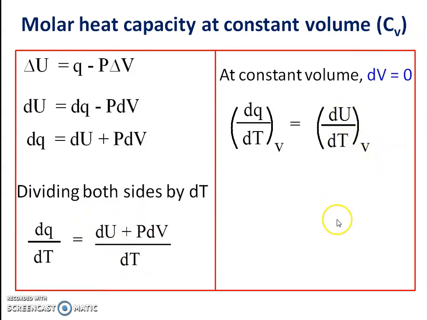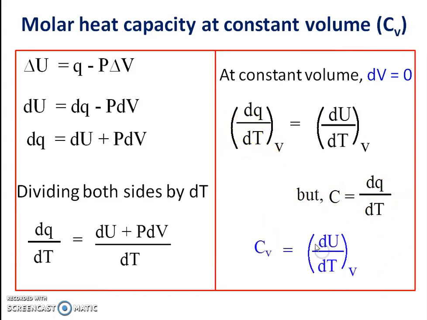at constant volume. According to the definition of molar heat capacity, it is the ratio of heat supplied to the system to the change in temperature. So C is equal to dq upon dT, and therefore this dq by dT at constant volume becomes Cv.